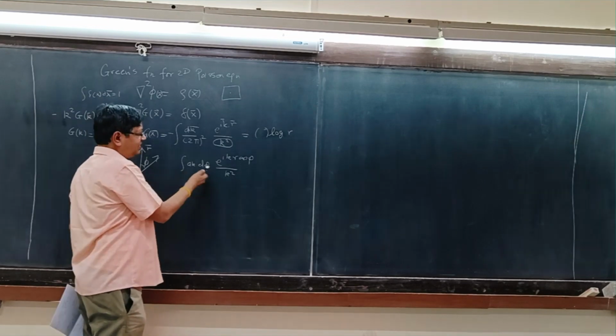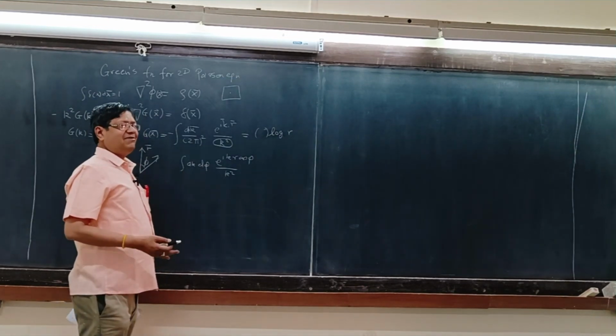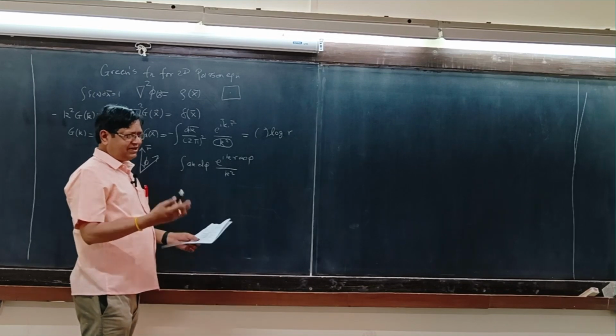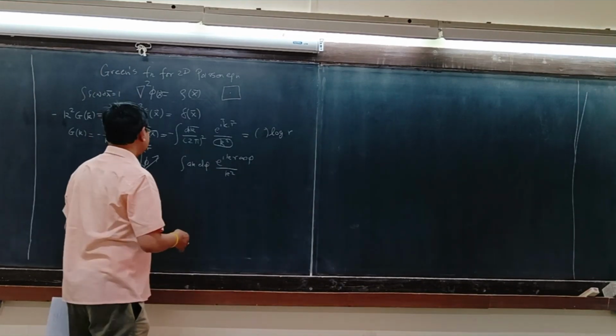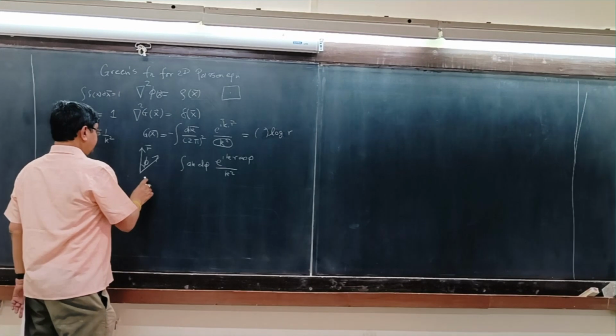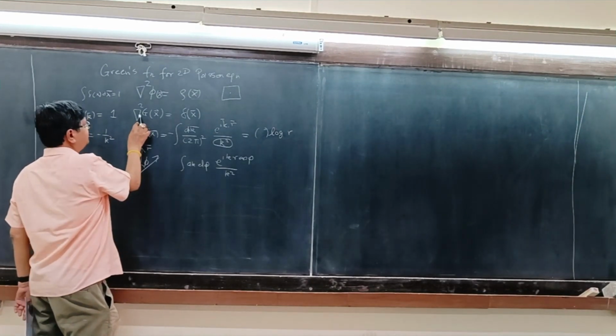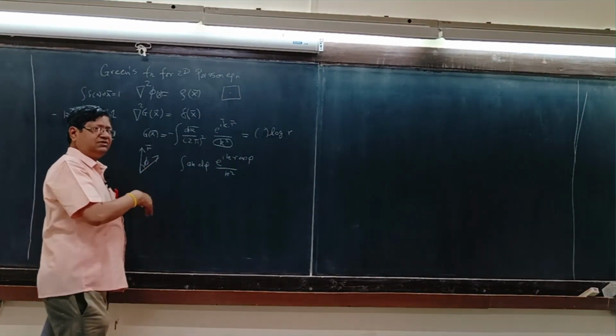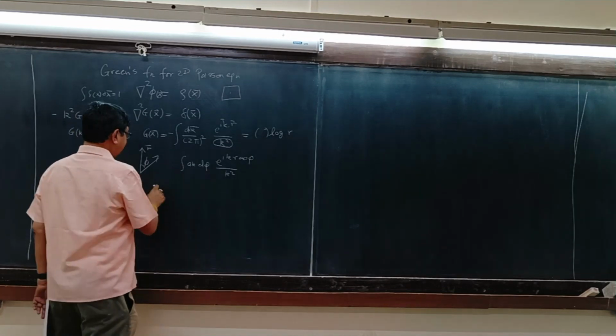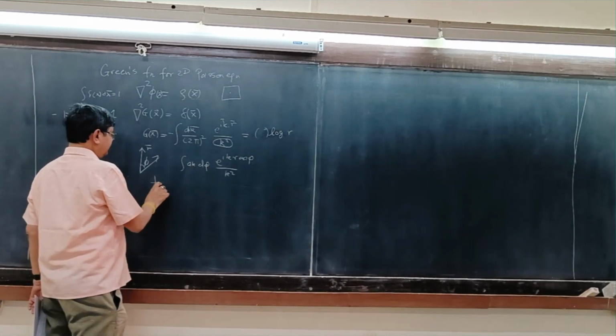Of course, if you do the integral, then you'll get the prefactor, but we can do it another way, which I didn't do in the class, but I'm doing it now. The Laplacian in real space. You can do this in real space as well. So what is the Laplacian in real space in 2D?